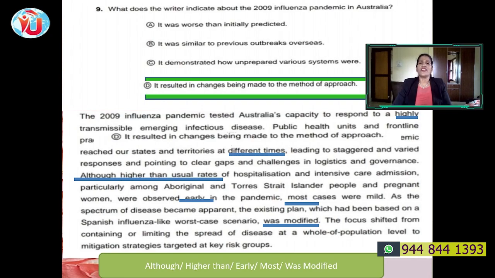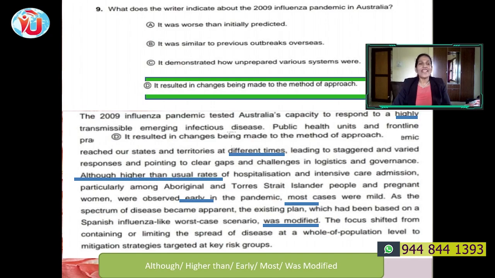It has not mentioned that. It was similar to previous outbreaks overseas. Although there were higher than usual rates of hospitalization, they did not say it is compared there. It demonstrated how unprepared various systems were. No, they don't talk about it.